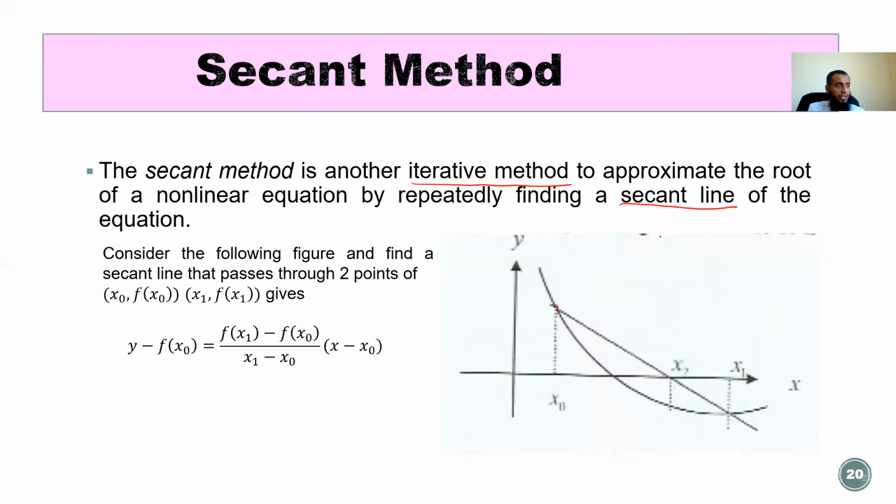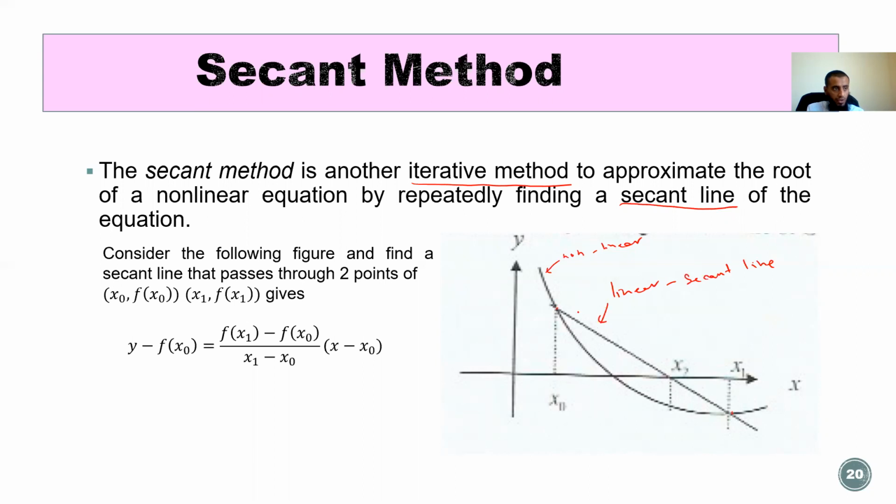So if you can see the equation here, if you want to derive it, it actually comes from two straight lines. You can see this is the non-linear curve, and this is the linear line, which we call the secant line, because it passes through two points, one over here and the other over here.